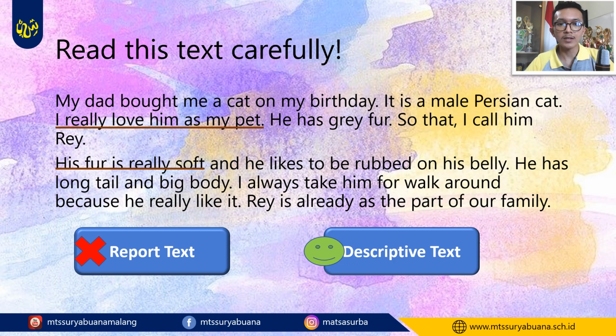This sentence is also called as opinion. Yeah, and the last one, I always take him for a walk around because he really likes it. Yeah, this sentence is also an opinion. So, the conclusion, this text is called as descriptive text because report text is not talking about opinion but a fact.